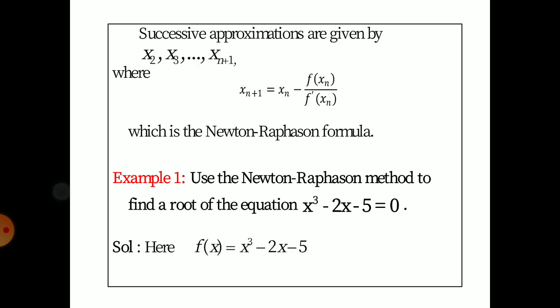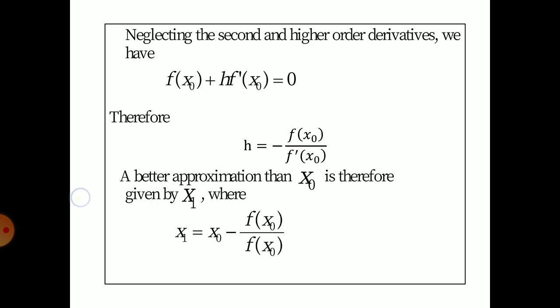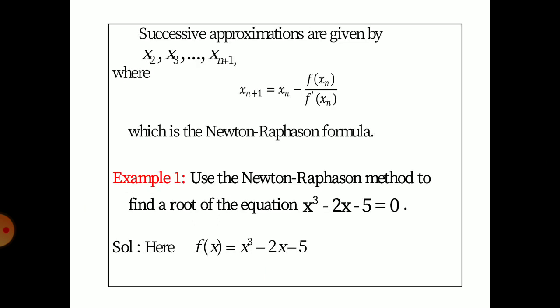Okay, this is the first approximation. Now continuing in this manner, the second approximation is given by x2 = x1 - f(x1) / f'(x1), and in general the successive approximations are given by x2, x3, x(n+1), and finally it is written as x(n+1) = xn - f(xn) / f'(xn).